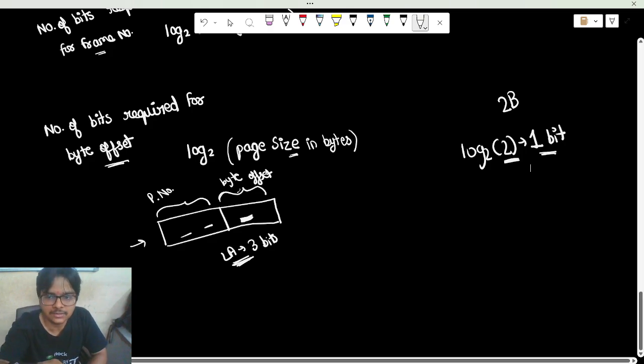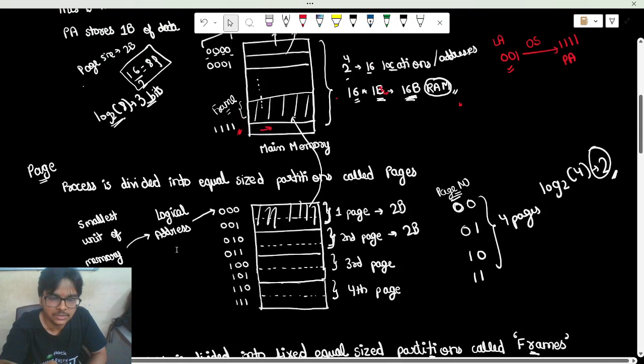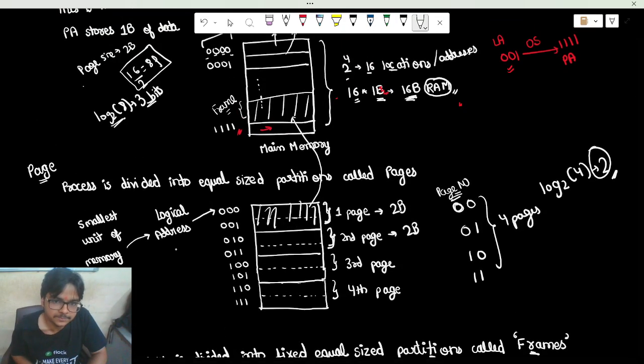And to understand the significance of byte offset, let me show you. Yeah, so here you can see these are your page numbers. This is your logical address. From the logical address, the initial 2 bits are used for page number and the last bit is used for byte offset. So this is your one page, and one page has two addresses: 000 and 001.